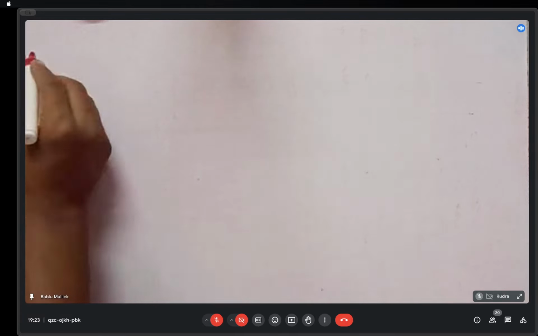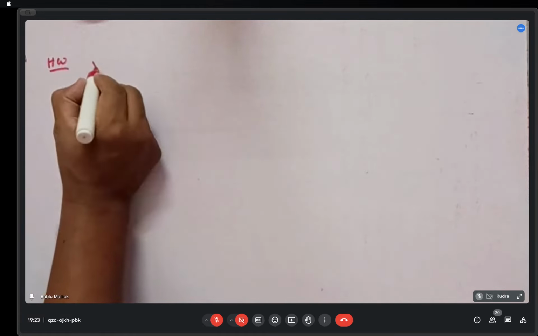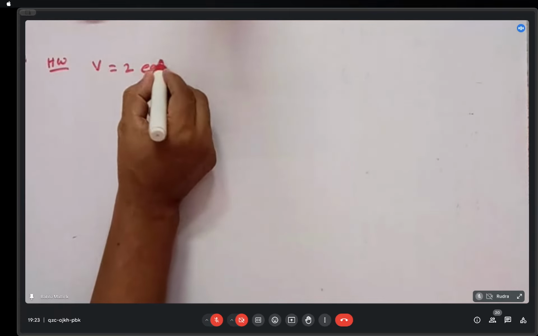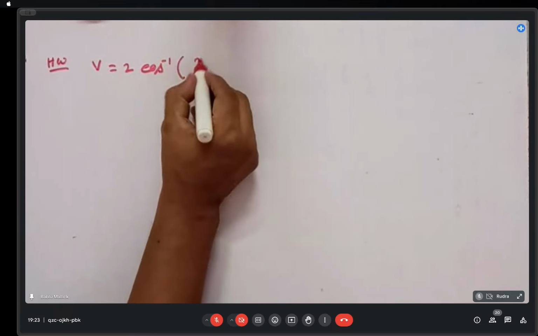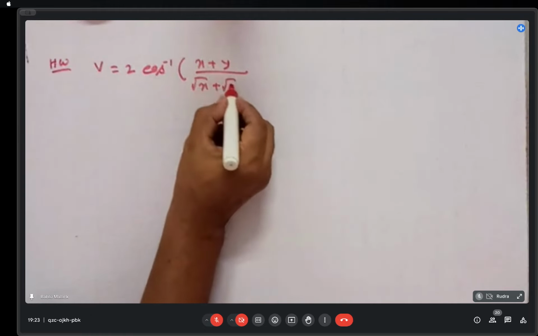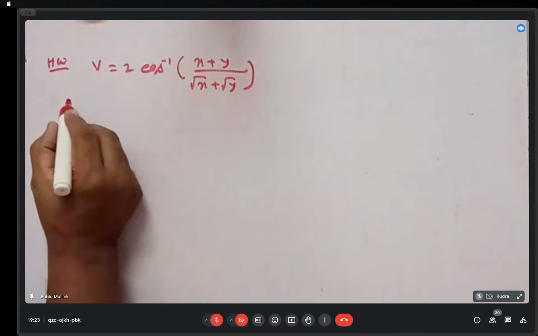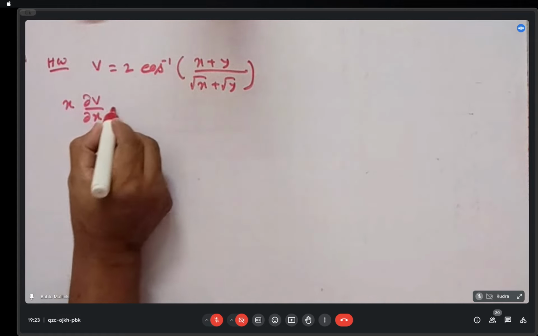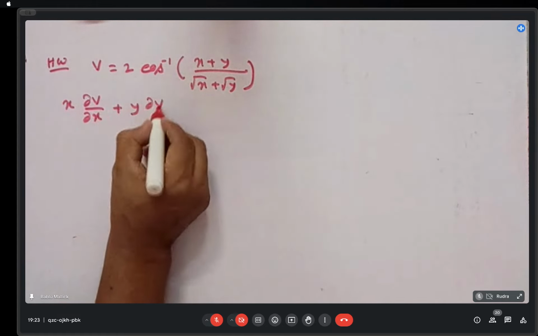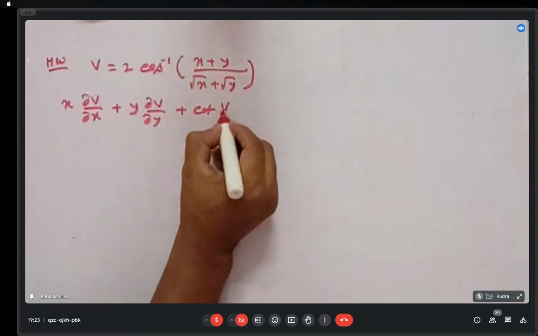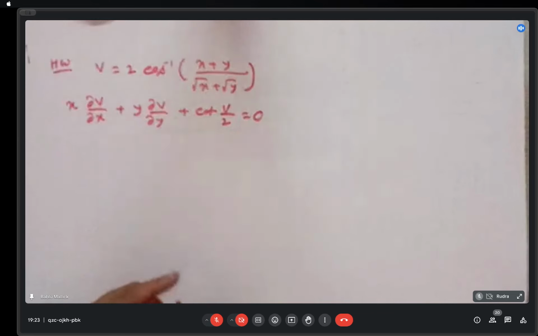If V is equal to 2 into cos inverse of x plus y divided by root x plus root y, then so that x into del v del x plus y into del v del y plus cot v by 2 is equal to 0.